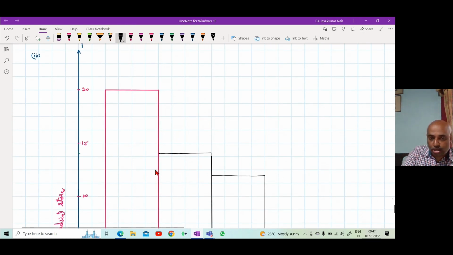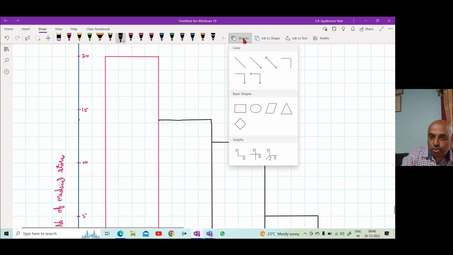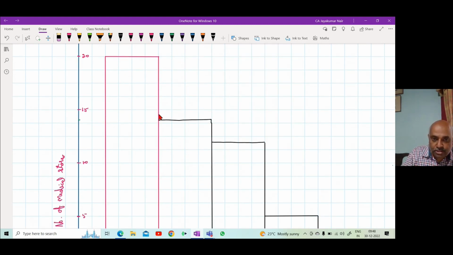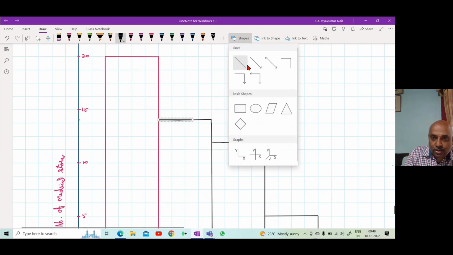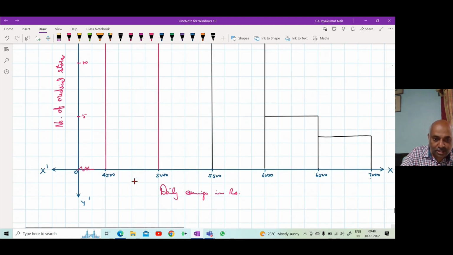Now, which is the tallest bar here? The tallest bar is this one, the first bar. So what you have to do, this is the ending. From this corner, you have to join to this. And from this point, the previous one is 0 actually, the next one.